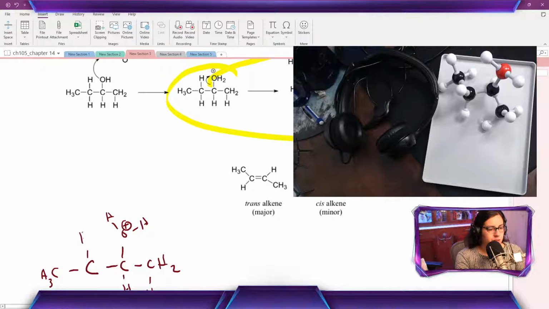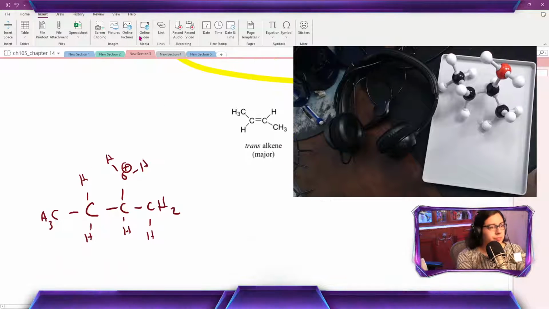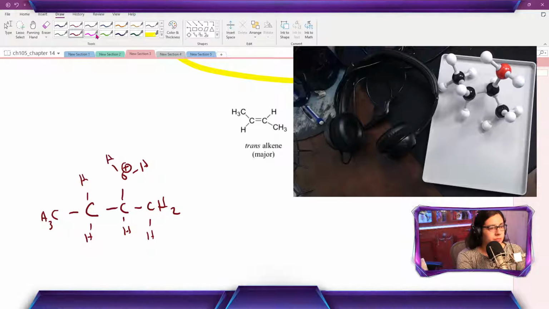Don't forget my H's there. So these, again, are two possible protons for attack. So we could deprotonate this one and form a double bond here. Or we could deprotonate this one and form a double bond here.